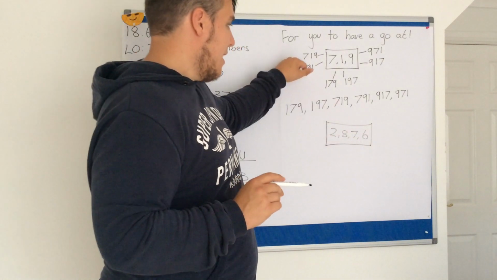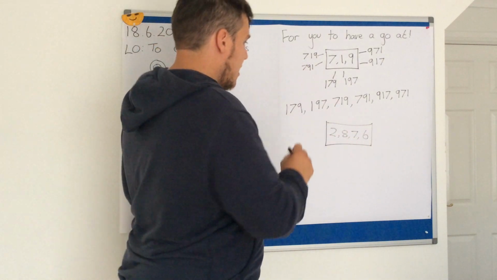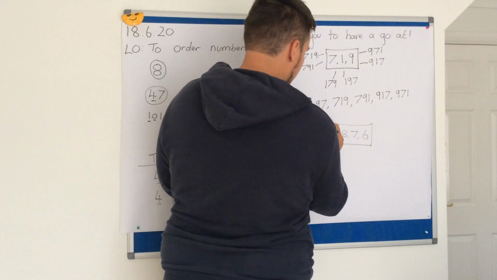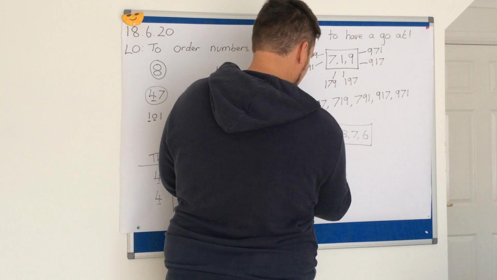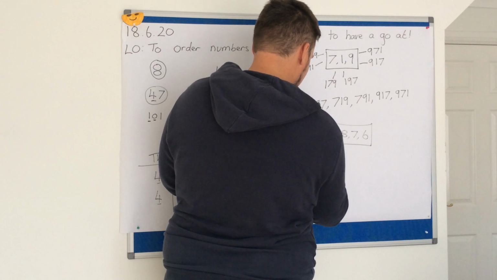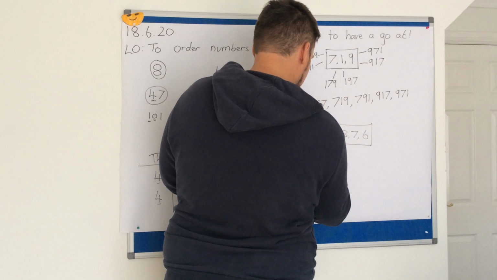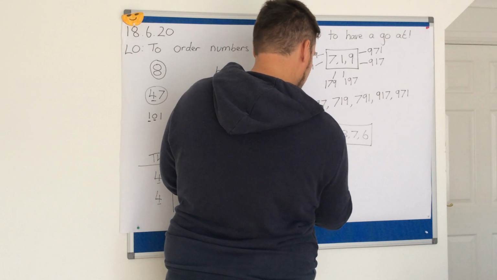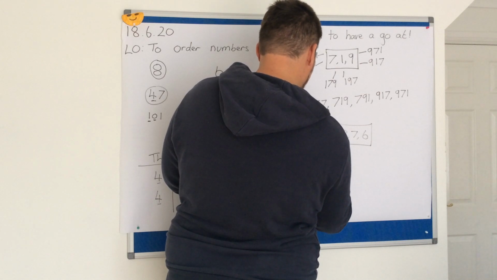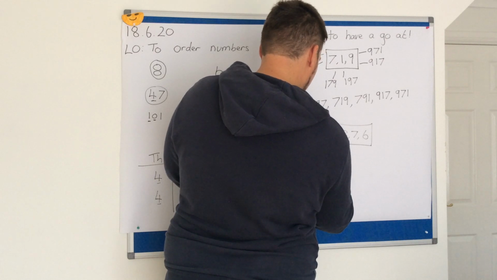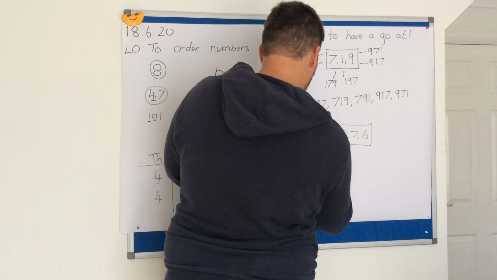You can do it exactly the same way, so I could start it off here. I know that I could have 2,876. I know I could have 2,768. I know that I could have 2,687.